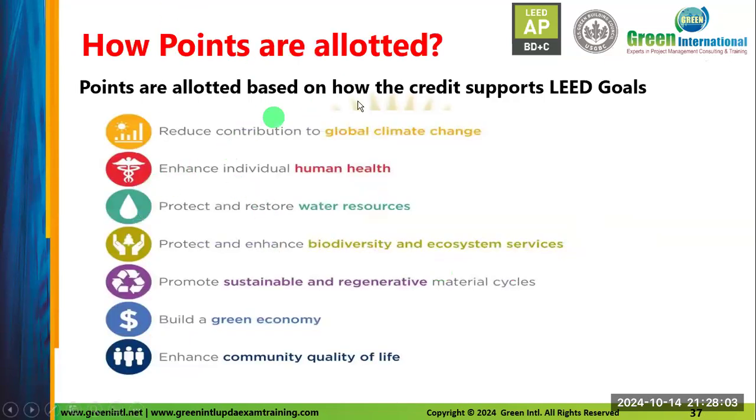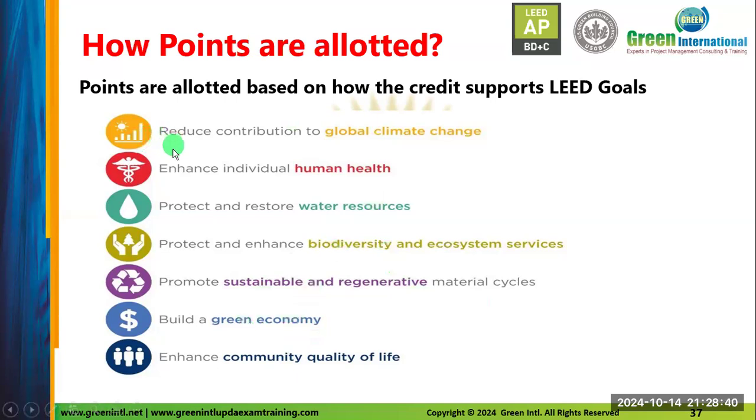Points are allotted based on how the credit supports the LEED goals. These are the LEED goals: global climate change, human health, water resources, biodiversity, sustainable and regenerative material cycle, green economy, community, and quality of life. Big titles, yes? Which of these credits have more impact? Of course, number one has the most impact.